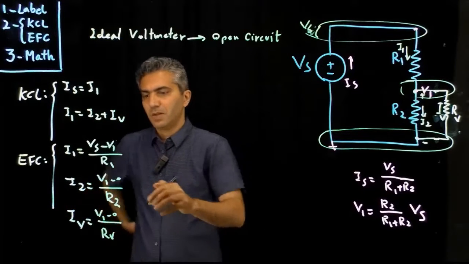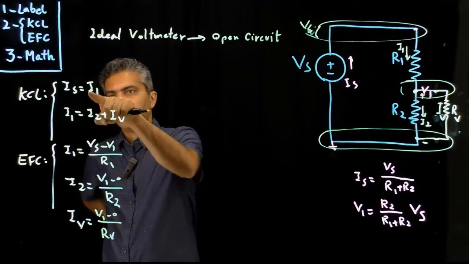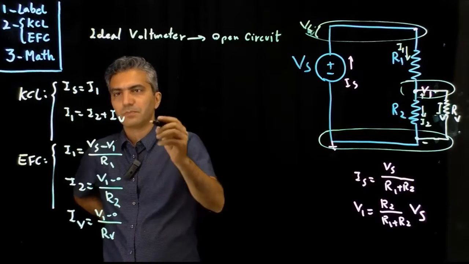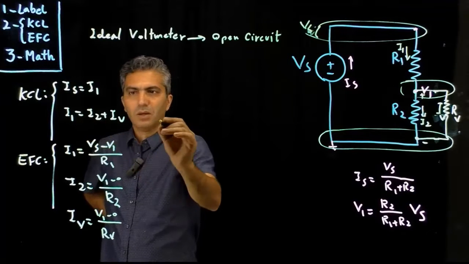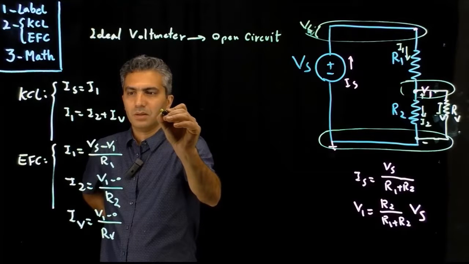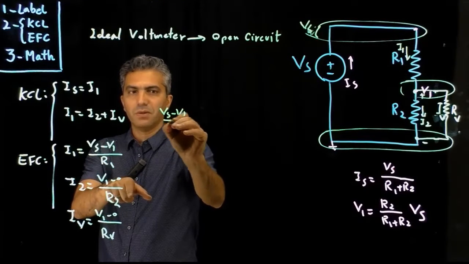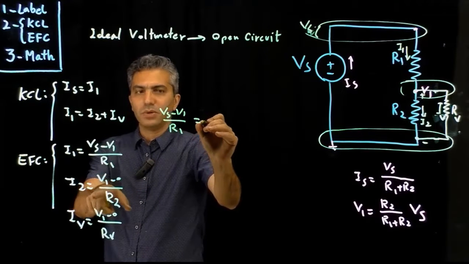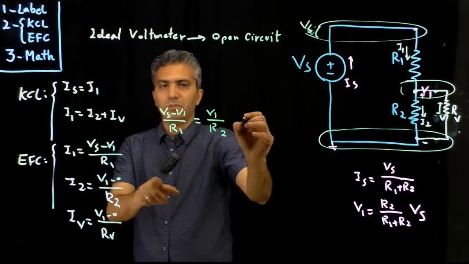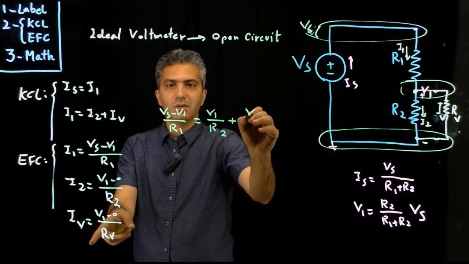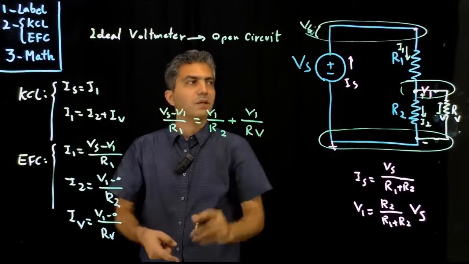With all that, I can now take the equations for the currents and put them up here. So I1, which is Vs minus V1 divided by R1, is equal to I2, which is V1 divided by R2, plus IV, which is V1 divided by RV.